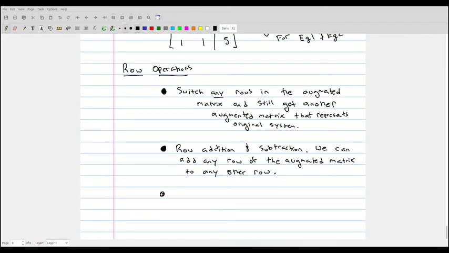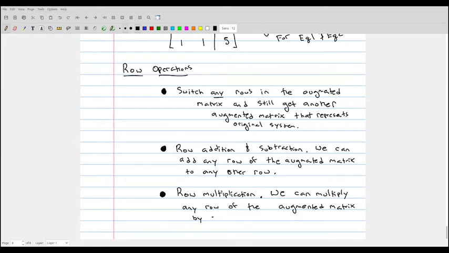And the last property and tool that we have for a row reduction algorithm is that we can do row multiplication. So what that means is that we can multiply any row of the augmented matrix by any constant value.